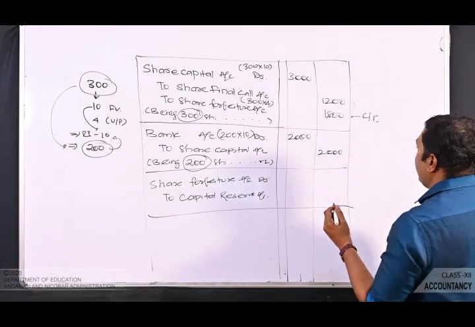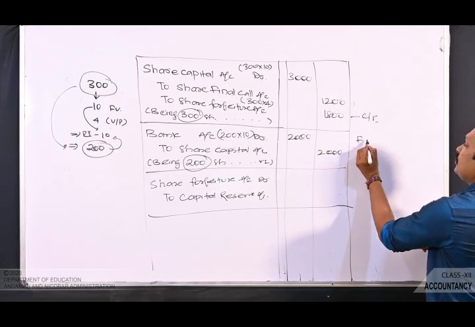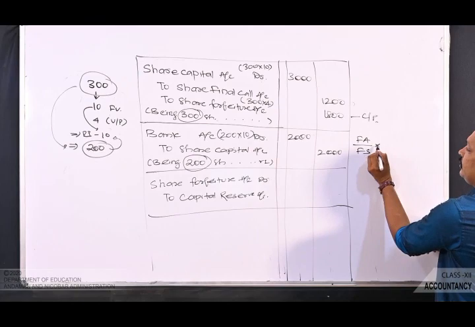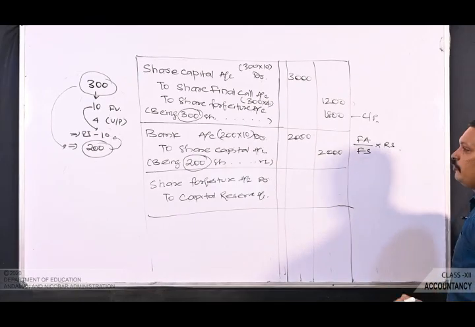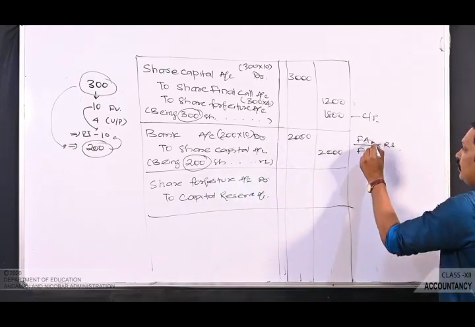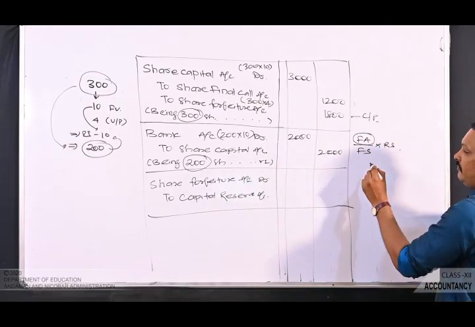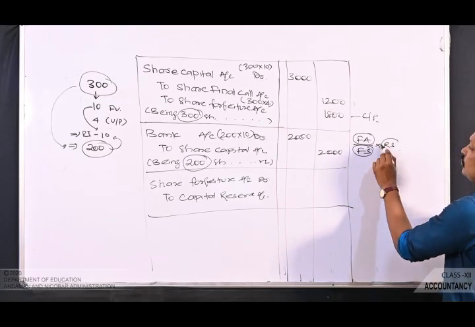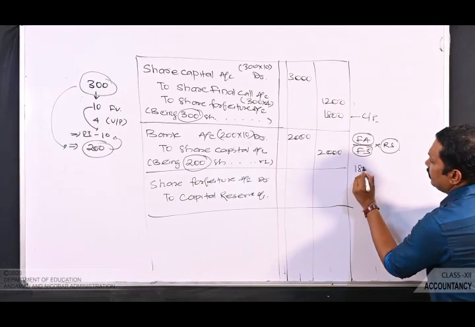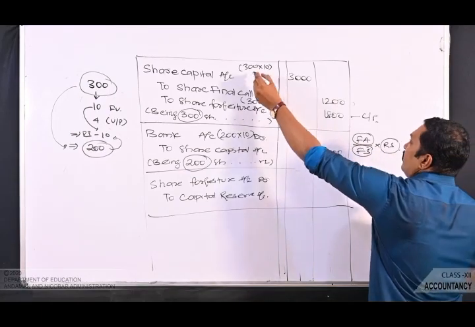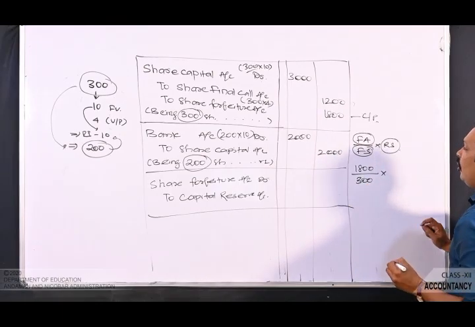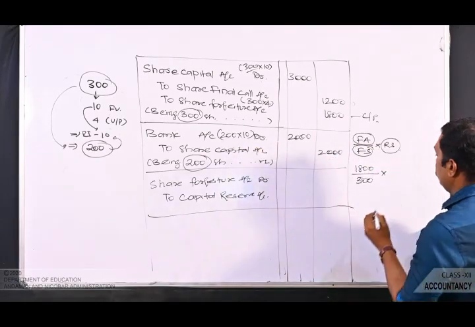So there is a formula for that. That is forfeiture amount divided by forfeiture share into reissue share. This is a formula for conversion of forfeiture amount. What is the forfeiture amount here? The forfeiture amount is 1800. And what is the forfeiture share? Forfeiture share is 300, right? And the reissue share is 200.